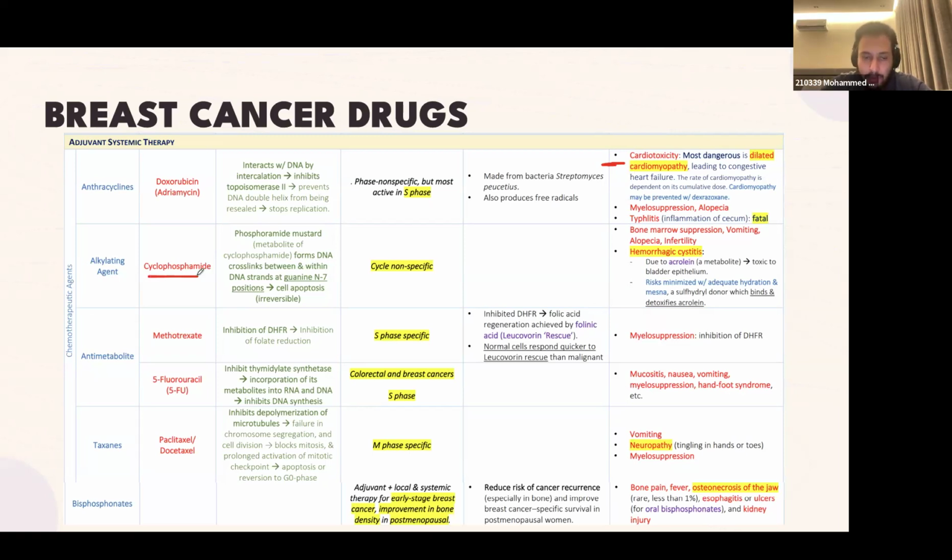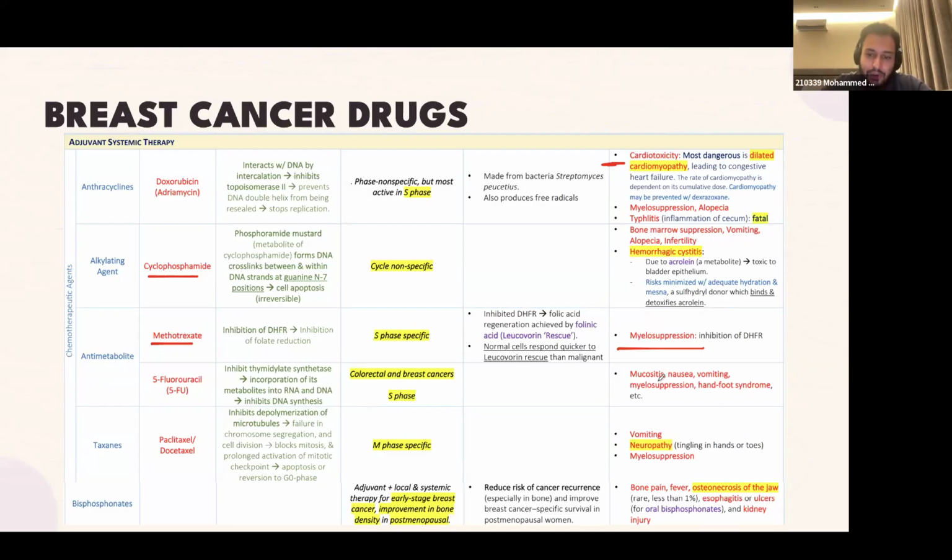Methotrexate, you already know it inhibits dihydrofolate reductase. It causes myelosuppression. So what do you give to patients taking methotrexate? Leucovorin, which is it, folic acid or folinic acid? Folinic, good. Not folic.